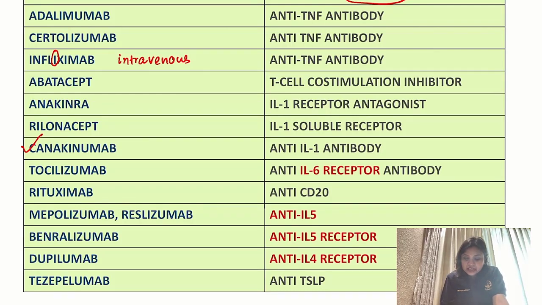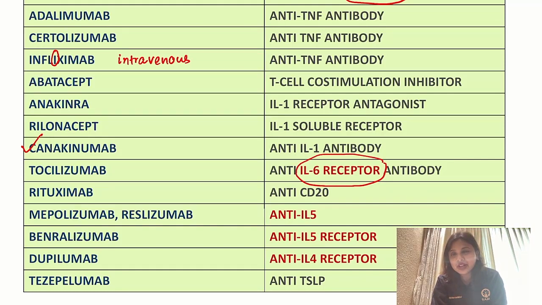Tocilizumab is anti-interleukin-6 receptor antibody. And all these are used in juvenile idiopathic arthritis, and there are other uses also, like in connective tissue disorders. You might be knowing in COVID, we used a lot of tocilizumab to prevent the cytokine storm. And rituximab has got various uses, like in Guillain-Barré syndrome, etc. And rituximab is a B cell depleter, anti-CD20.